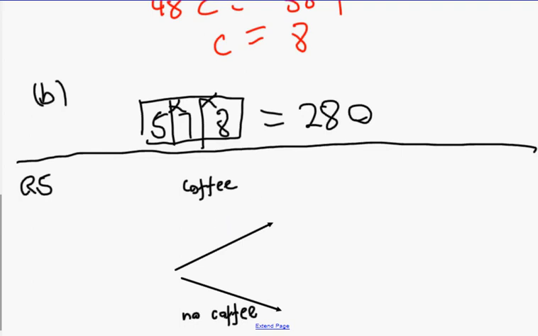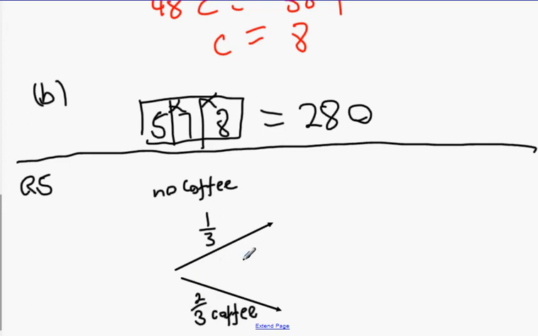Actually, I'm going to do that the other way around because I have it done here the other way around. So we're going to do no coffee and coffee. Or immediately and not immediately, whatever you want, okay? So, if she leaves immediately, it's a third. If she doesn't leave immediately, it has to be 2/3. 1 out of 3 times she doesn't go for coffee. 2 out of 3 times she does go for coffee.